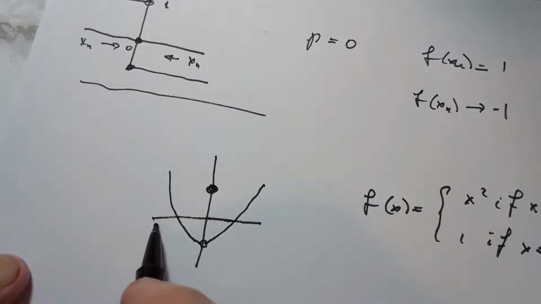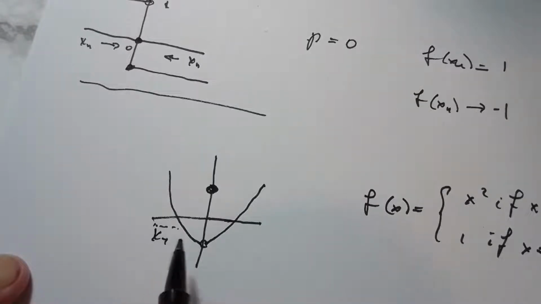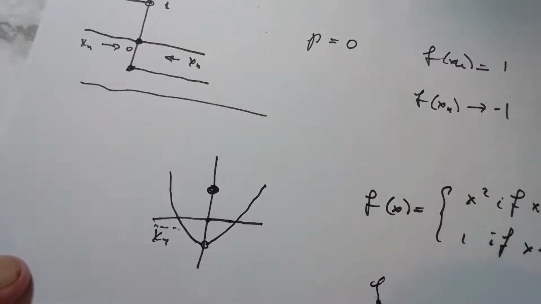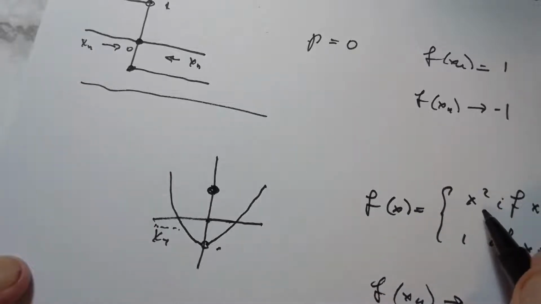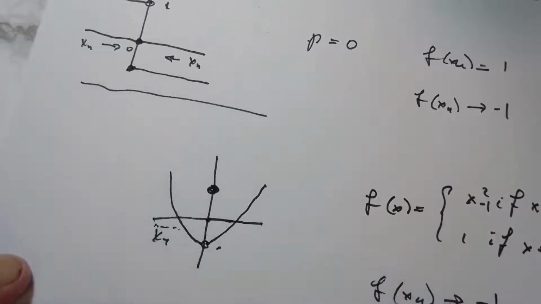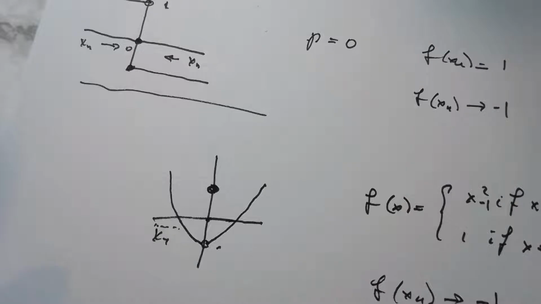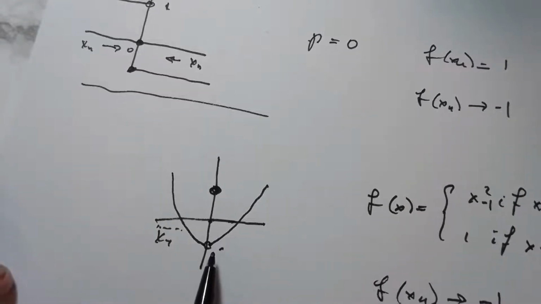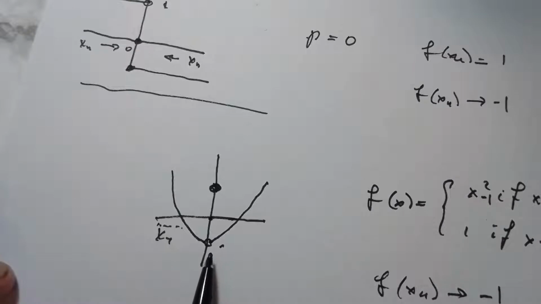Okay, so let me take the points xn which converge to 0. In that case, f of xn will converge to -1, and if it does so from the right, f of xn still converges to -1, and as you recall, the value of this function f at the point 0 doesn't matter.